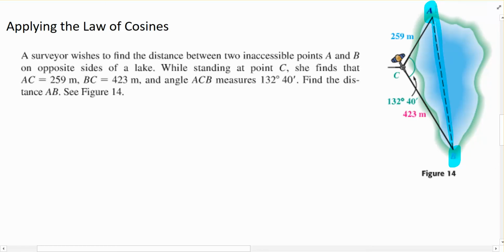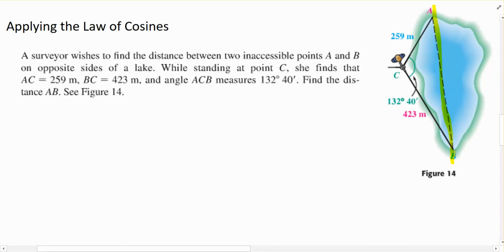While standing at point C, she finds that the measure from A to C is 259 meters, the measure from B to C is 423 meters, and the angle between those two sides measures 132 degrees 40 minutes. We have to remember how to do degrees, minutes, and seconds on our calculator. The question is ultimately asking for the distance across the lake.